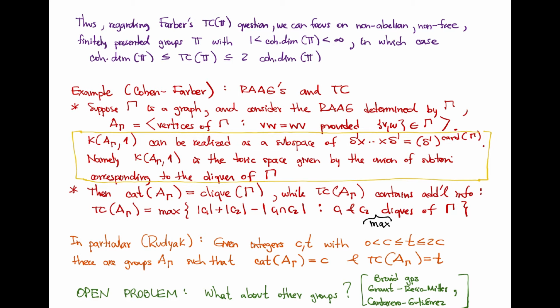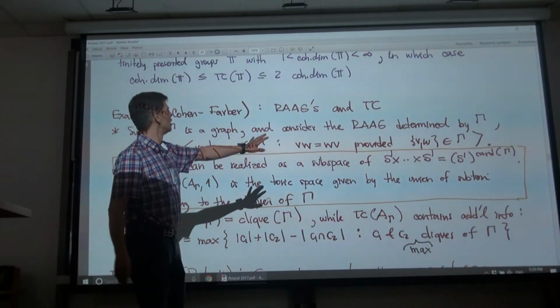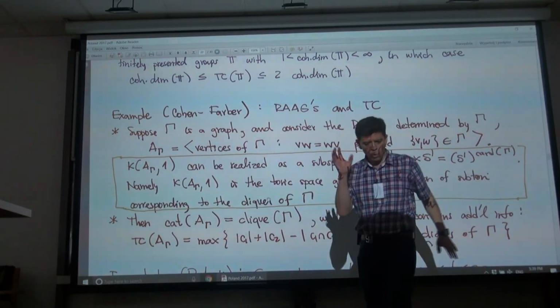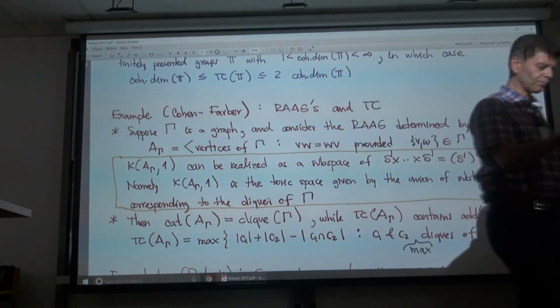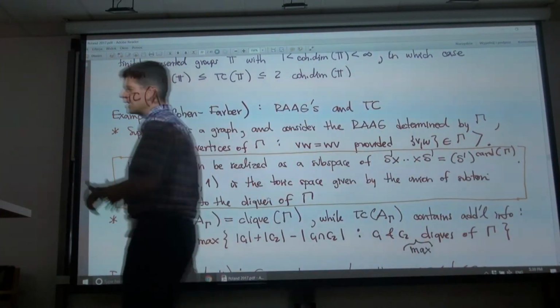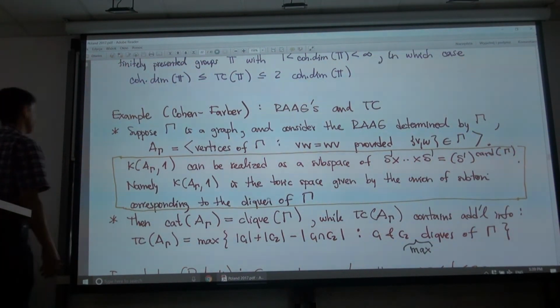Namely, they are spaces which are a union of subtori of the Cartesian product with so many factors, and you put one such subtorus whenever you have a clique in the graph, essentially. They are also called polyhedral products in terms of the clique complex of the graph.